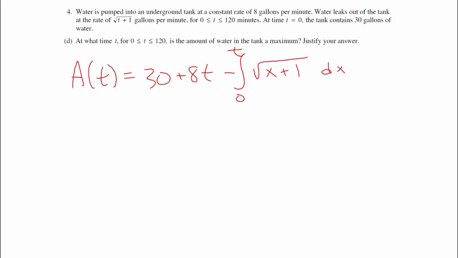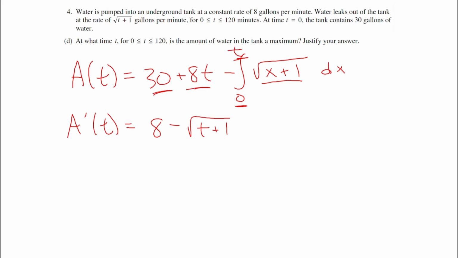To figure out when a function is at its maximum or minimum, we take its derivative. A prime of t is just equal to 8, because the 30 goes away and the derivative of 8t is 8, and then a minus, and the derivative of an integral from a constant to a variable of the function is just the function in terms of that top variable.